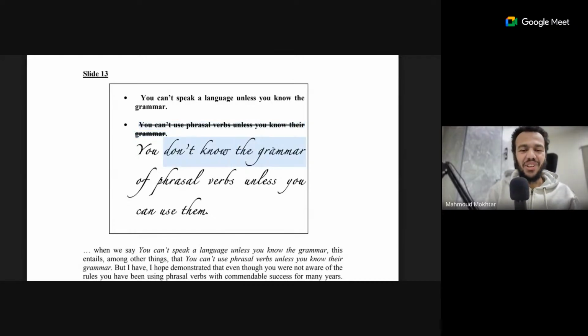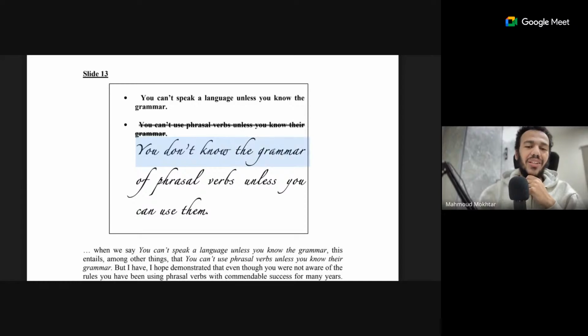You don't know the grammar of phrasal verbs unless you can use them. So you can't use phrasal verbs unless you know their grammar.